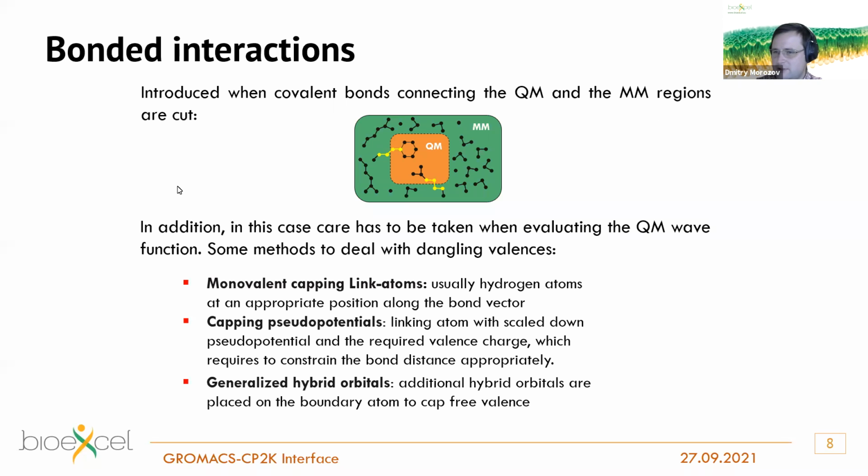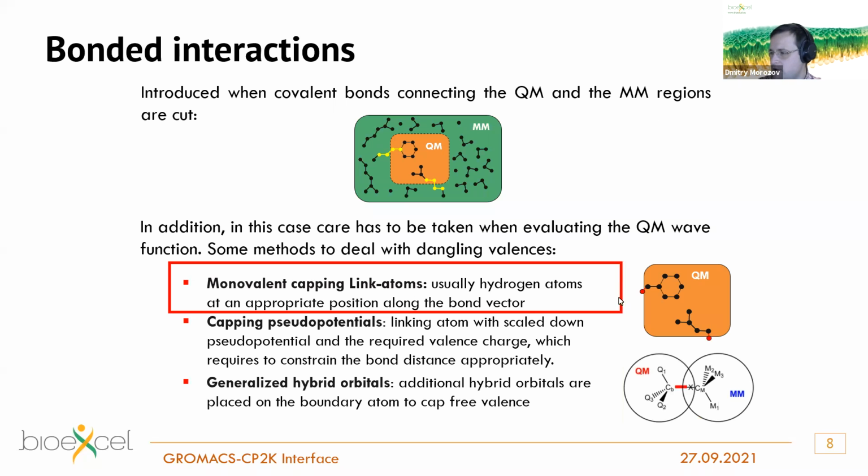So there are at least several schemes. The three main ones are shown here. First is the so-called link atom scheme, which I've explained here. Basically, to the quantum part you add an additional quantum hydrogen or another atom, but in 99% of cases it will be a hydrogen atom with a small basis set, which caps the bond and is located at a typical distance along this bond, for a CH bond for example.